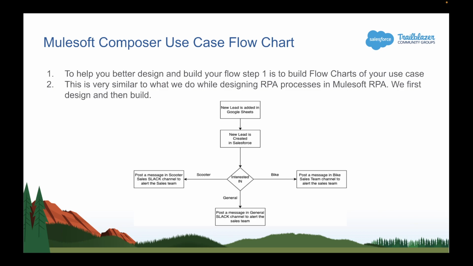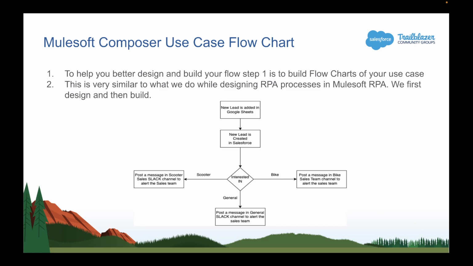You can either use tools like draw.io, or you can use a pen and paper and draw it yourself. This would help you understand how you can design your flow in MuleSoft Composer, right? So if you see, a new lead record is added in Google Sheet. Once it is added, I would simply create a lead record in Salesforce.